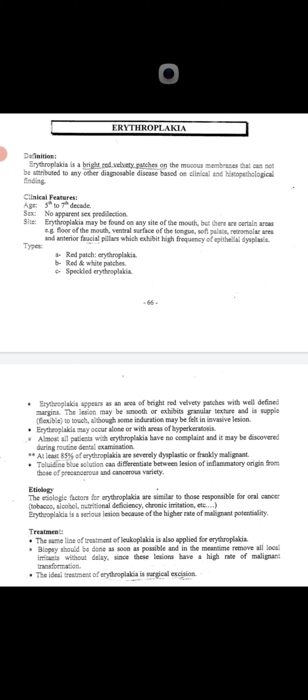Erythroplakia may occur alone or in combination with areas of hyperkeratosis. Like in type 1, there is erythroplakia alone; in type 2, both red and white patches are present. Almost all patients with erythroplakia have no complaint, there is no pain.